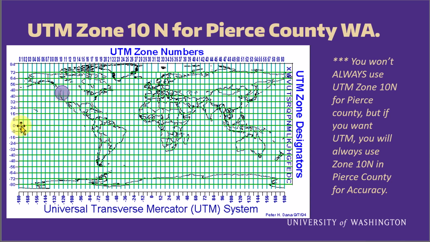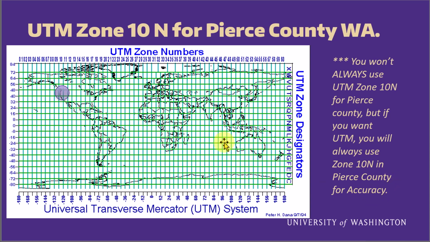And then we choose N because we are north of the equator. You won't always use UTM Zone 10N for Pierce County, but if you want to use UTM, Universal Transverse Mercator, you will always use Zone 10N for Pierce County, and that's for the accuracy.